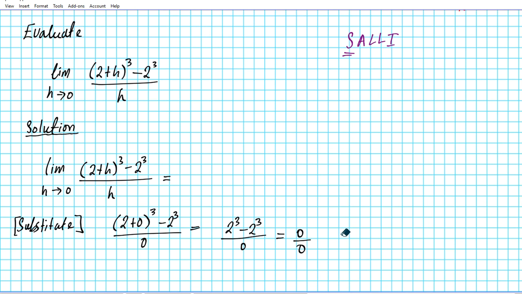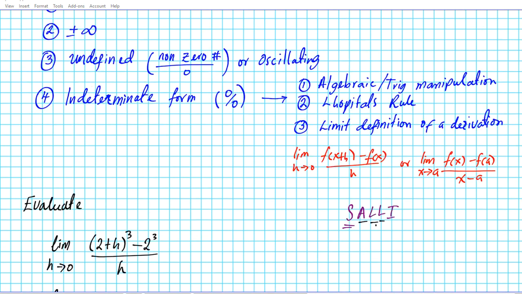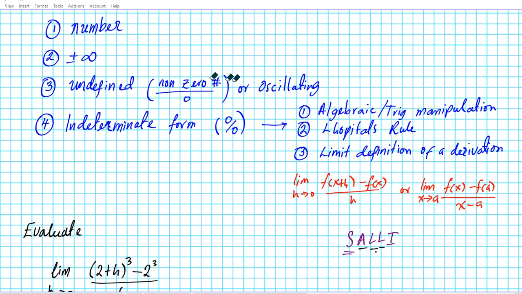Ladies and gentlemen, we have an indeterminate form. So whenever you have an indeterminate form, we are going to use ALL. Those are the three methods that we can use. We talked about that previously. So if you look here, we have ALL.